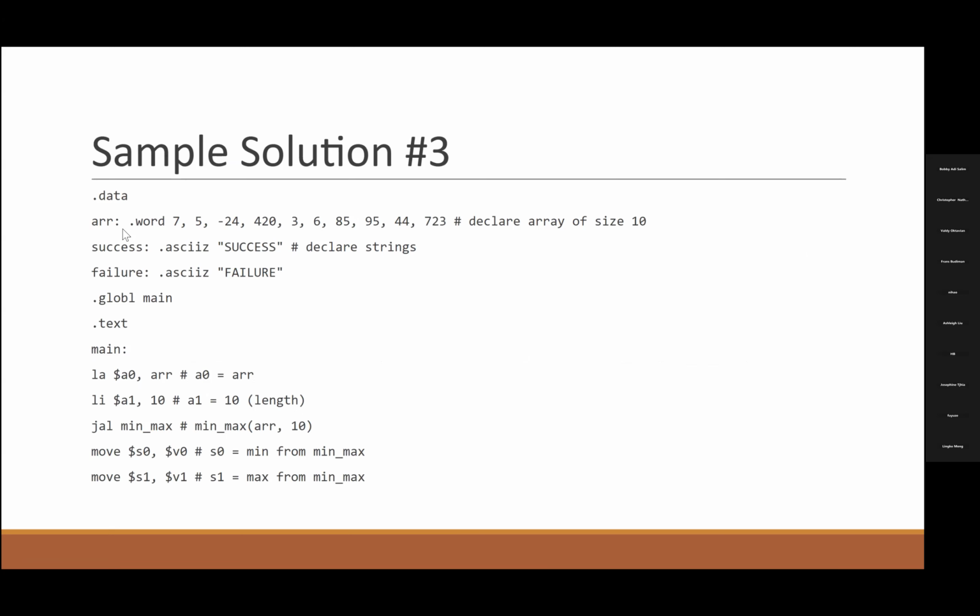The array will be a word array of size 10. Success and failure are just C strings. And then we'll jump right into the code. So we'll input the arguments in A0 and A1. A0 will be the array and A1 will be the length. Call min max. And then store the results in S0 and S1.